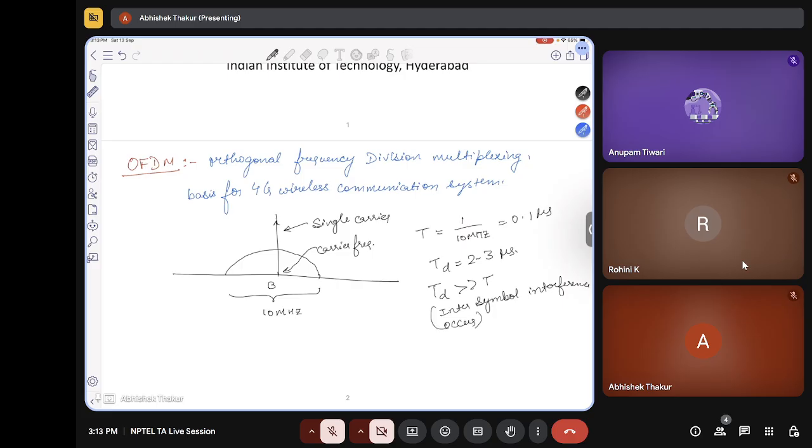We know that the time duration is 1 by B, the inverse of bandwidth. So if bandwidth decreases, the time duration of the symbol increases.